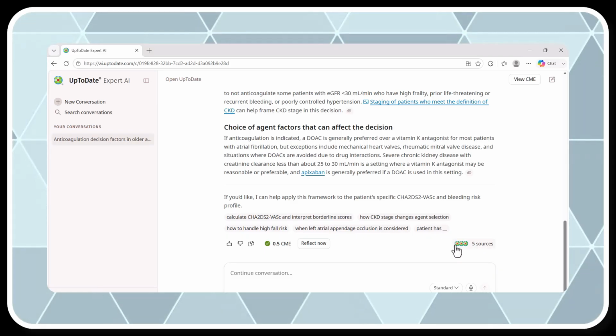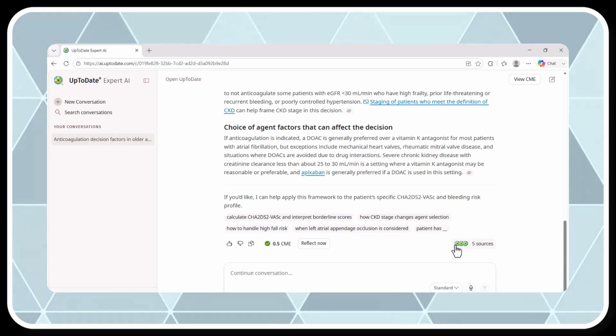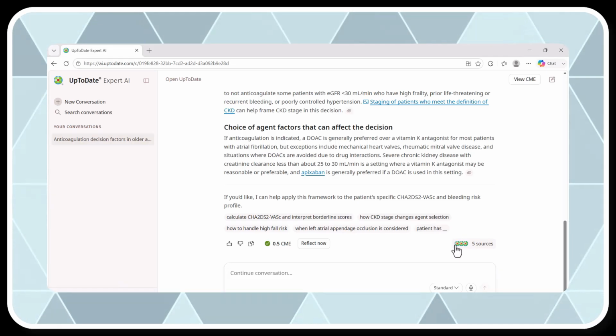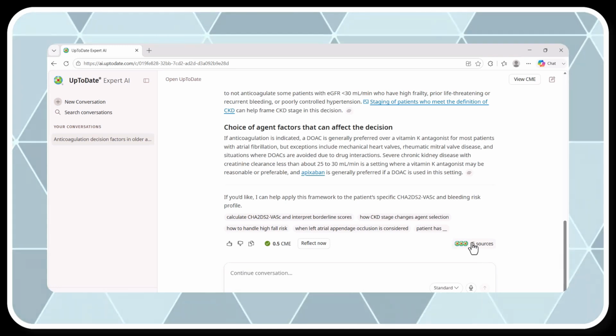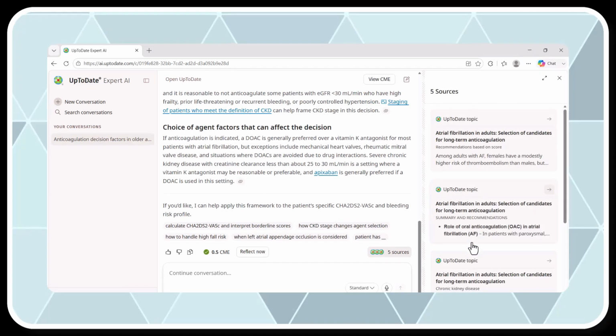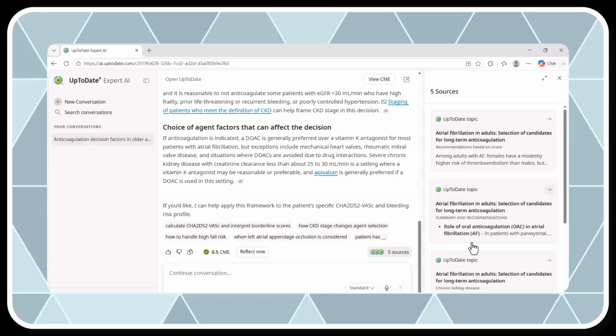One of the most important things when using any AI-based clinical tool is understanding where the information comes from. Expert AI is designed around the UpToDate clinical content.